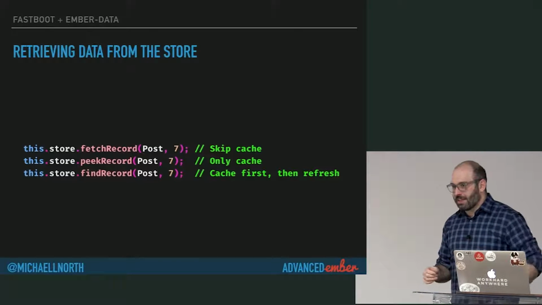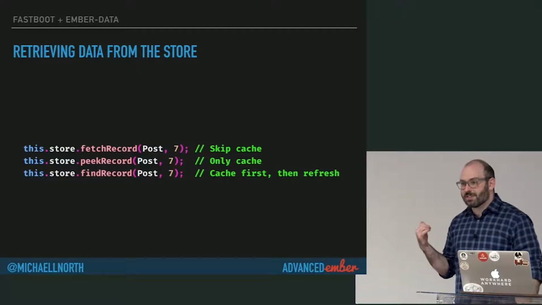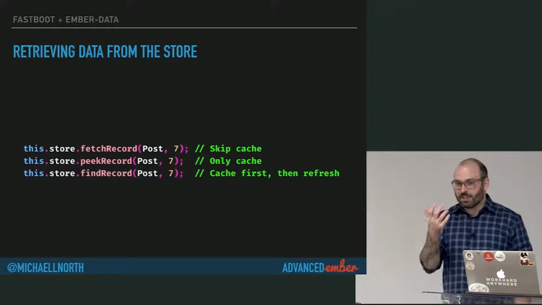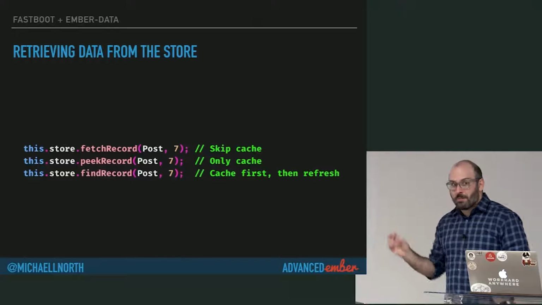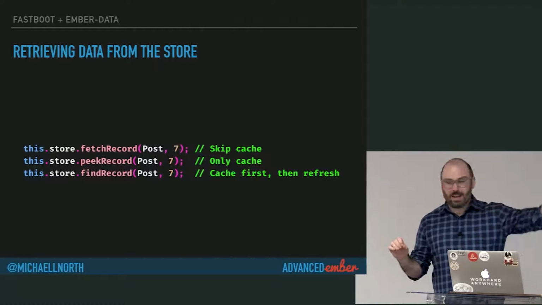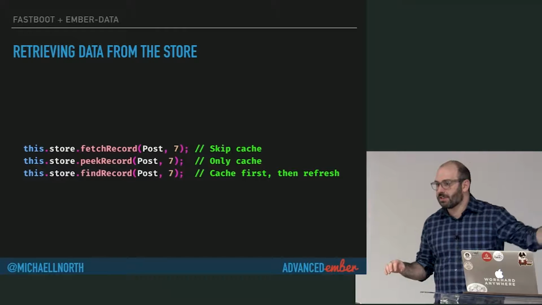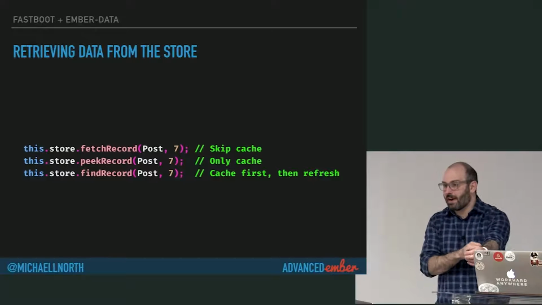Say we've got one of these blog posts in our app: it will immediately return the thing that was left in the shoebox for you, and your render will complete. But it's also going to then go and hit the API and ask for that record again in case it may have changed since your information originally came over the wire.